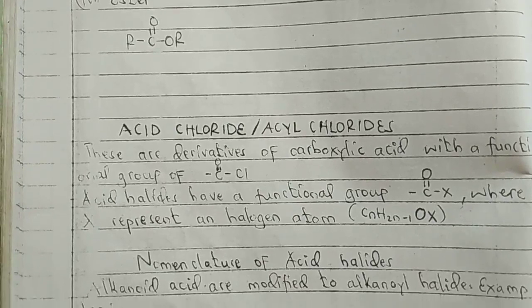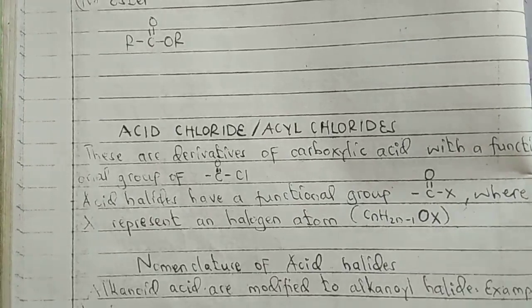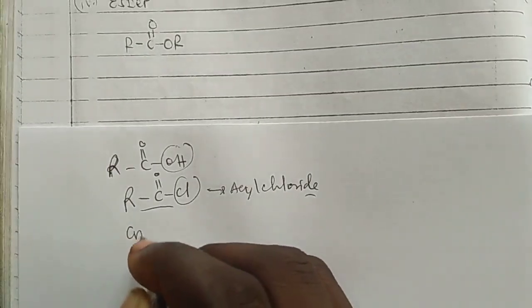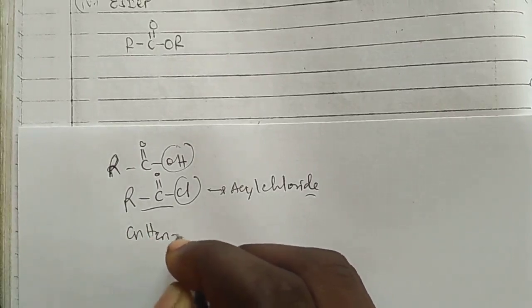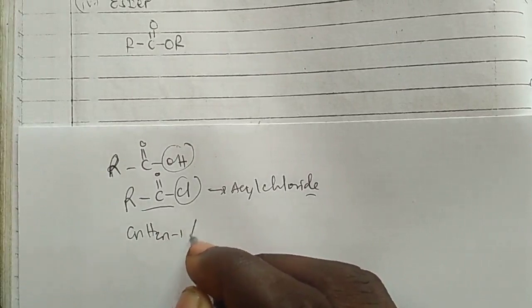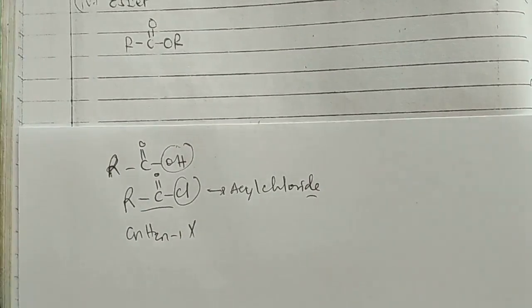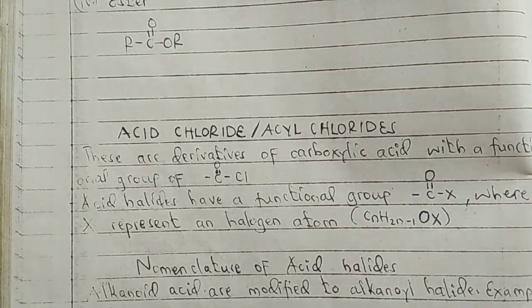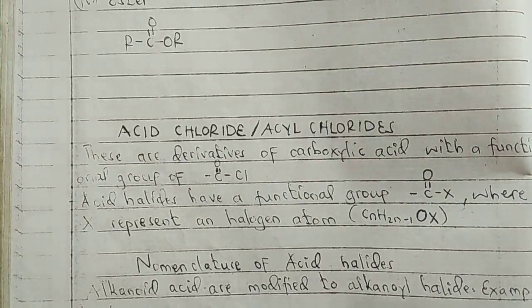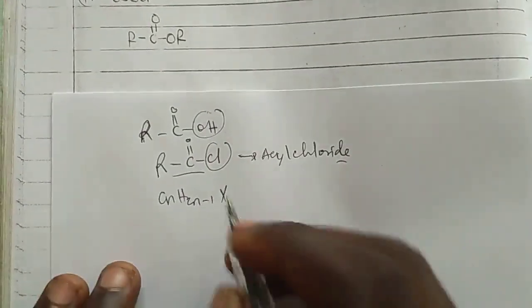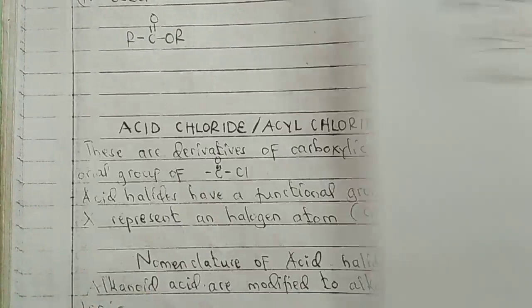So we'll be dealing with chlorine, and we can say that the general formula of these acid halides is CnH2n minus 1 X.